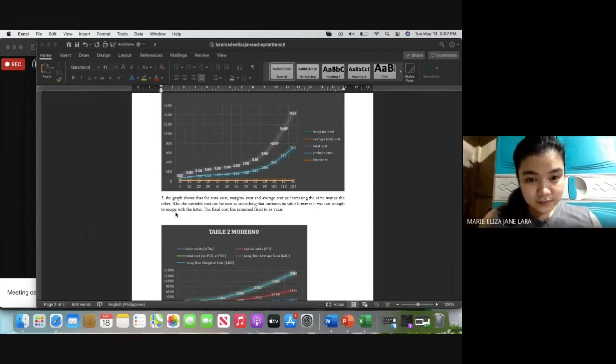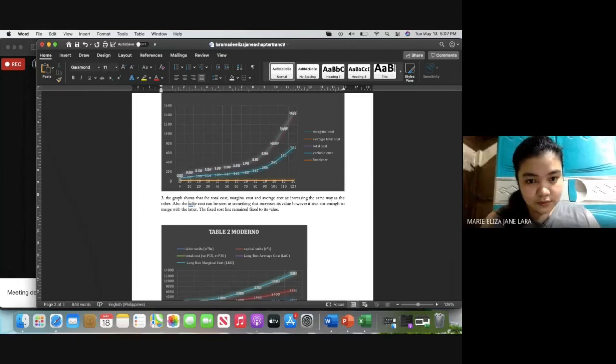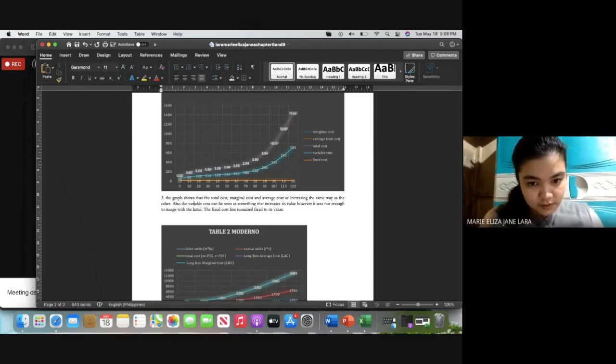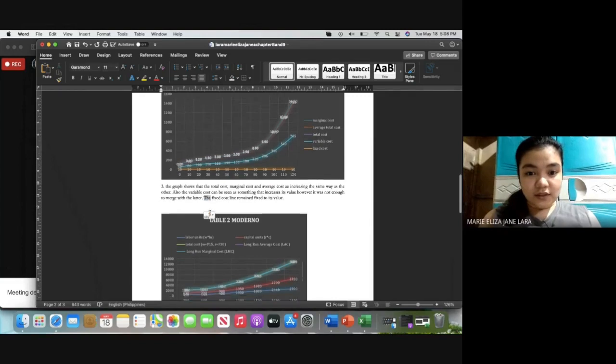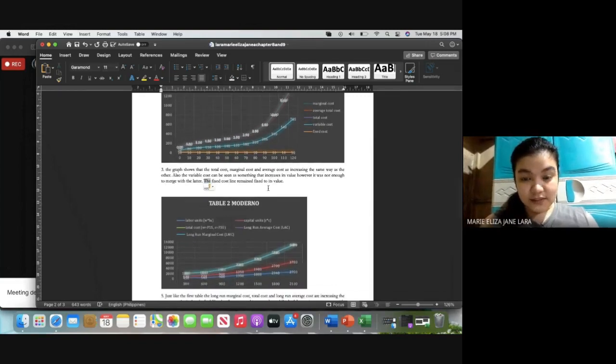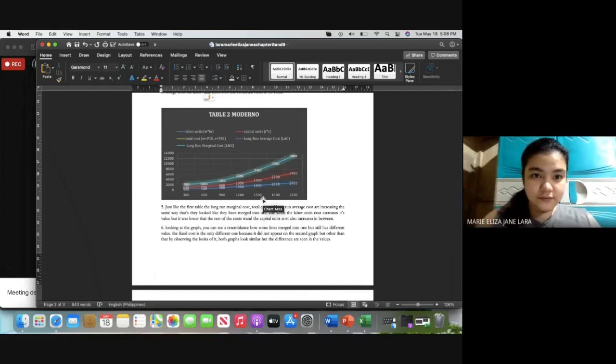Also, the variable cost can be seen as something that increases its value, however, it was not enough to merge with the latter. The fixed cost line remains fixed in its value.